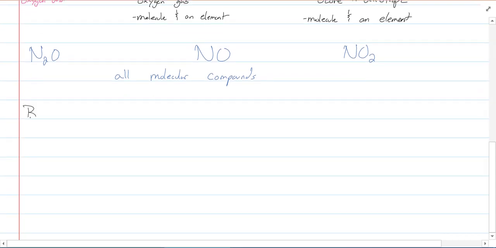So binary compounds are two different atoms or ions bonded together.